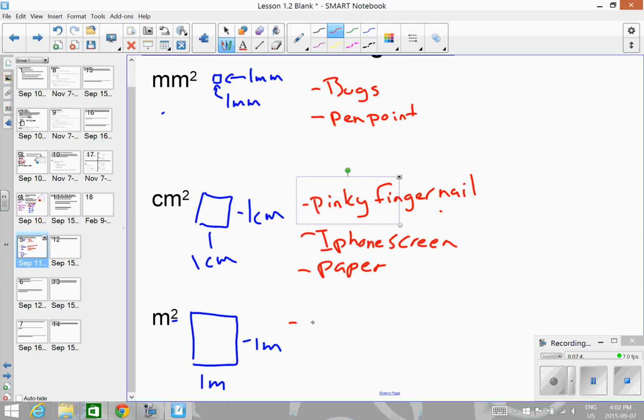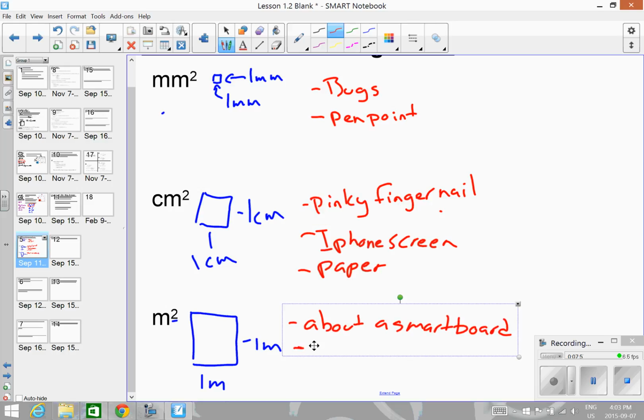So I said it was about the same as a smartboard, or maybe a table. We use this for measuring big areas, like maybe your backyard or flooring in your house, stuff like that.